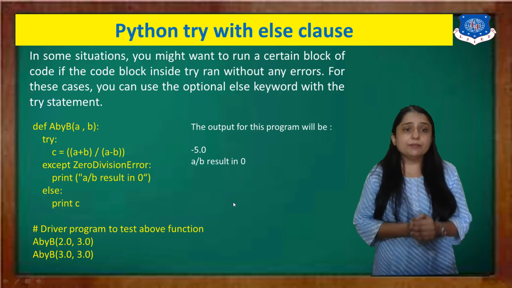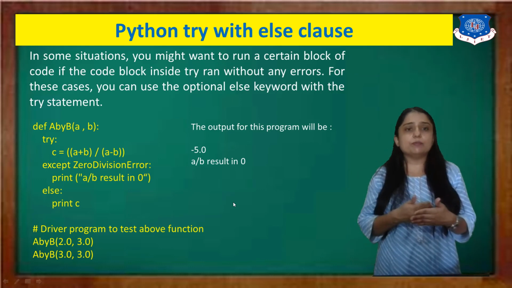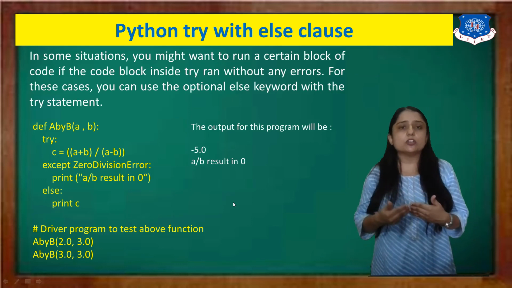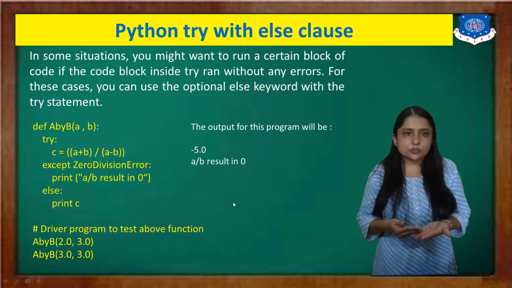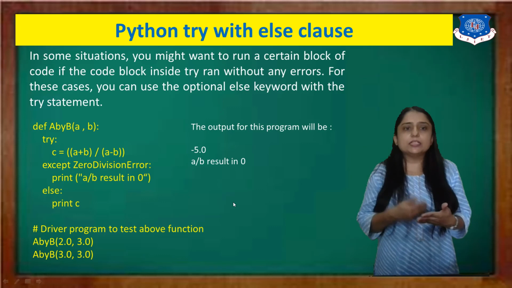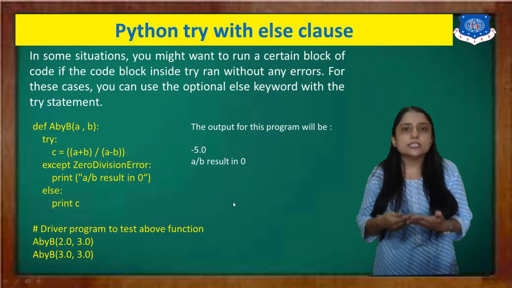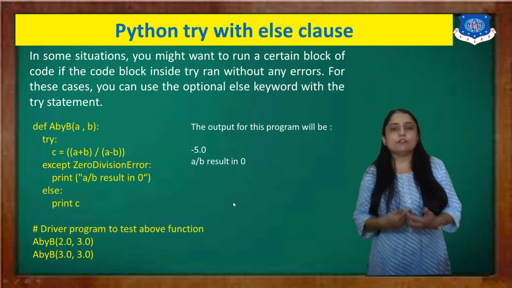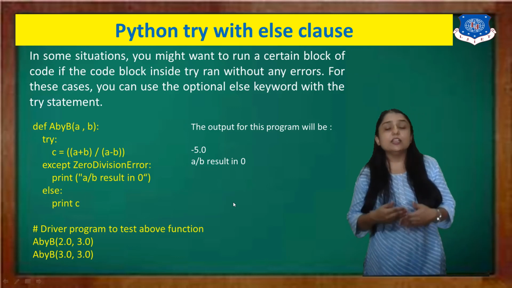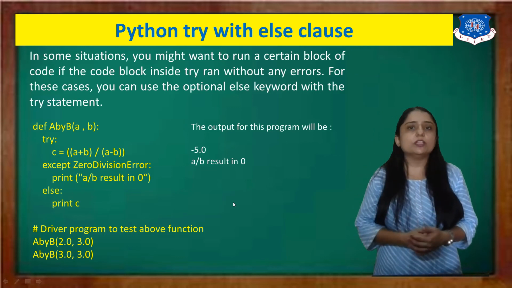Now the second time, if I call a by b, a is 3 and b is also 3. Then c equals 3 plus 3, that is 6, no problem. But divided by 3 minus 3, that is 0. So c will be 6 divided by 0, and we know that in Python we cannot divide any value by 0.